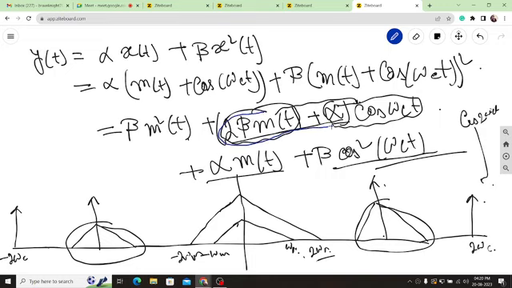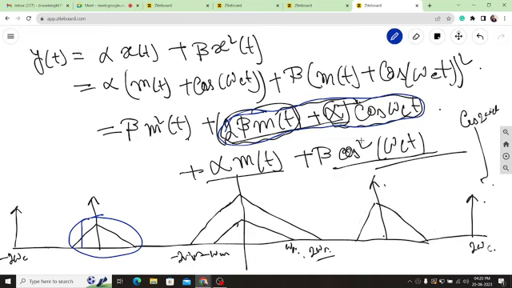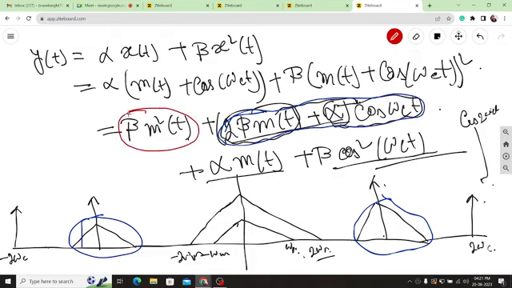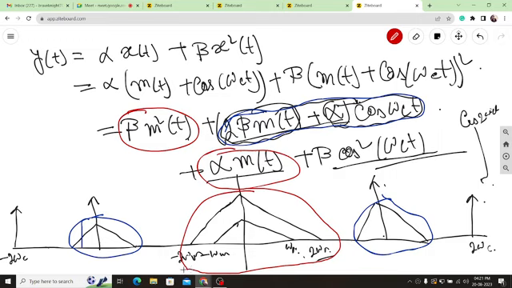This 2 beta m(t) cos omega c t plus alpha cos omega c t is this part, and these two are this part, and this is this part and this one.